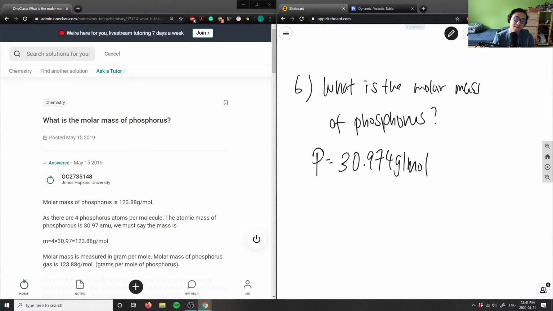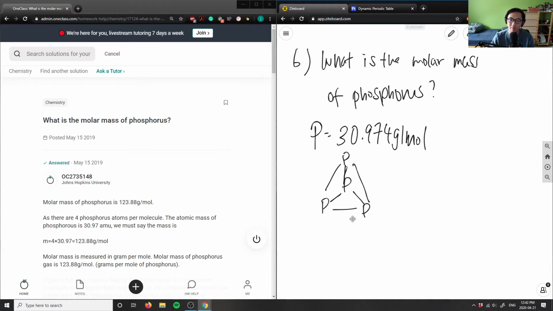I'll try to draw it out here. It has a triangle base, and then it also extends to a P, like so. So it's kind of a pyramid in this case. In this case, phosphorus here has 4 atoms, right?